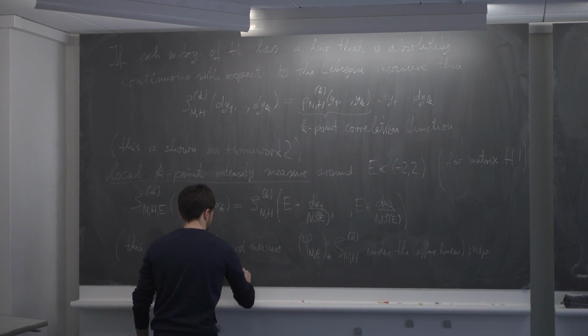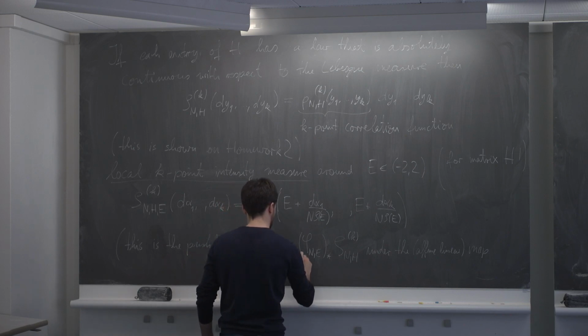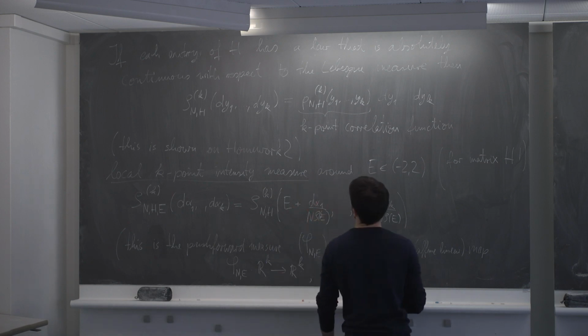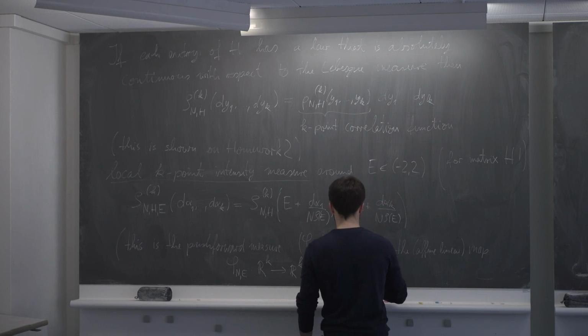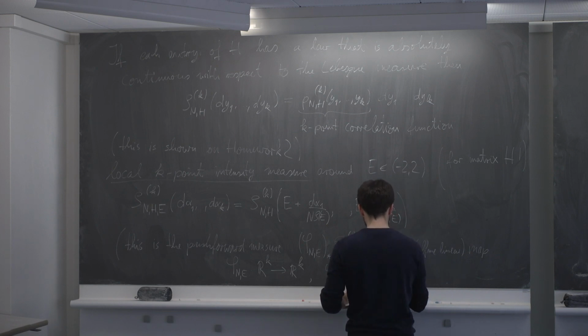So phi maps Rk to Rk, and phi E of y1 up to yk looks as follows.